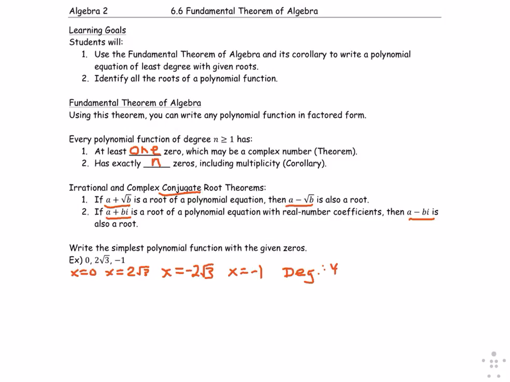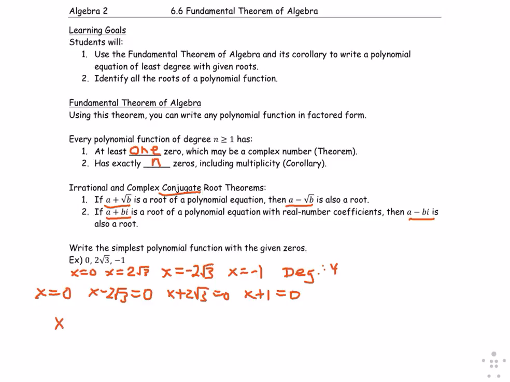So now, if they're not already equal to 0, I have to move the number to the other side, and we get the following. So x equaling 0 stays that way, and then x minus 2 square root of 3 equals 0, and then x plus 2 square root of 3 equals 0, and then x plus 1 equals 0. Notice that because of the sign change, these are now opposite in sign from one another, and now we put them all together multiplied equals 0.